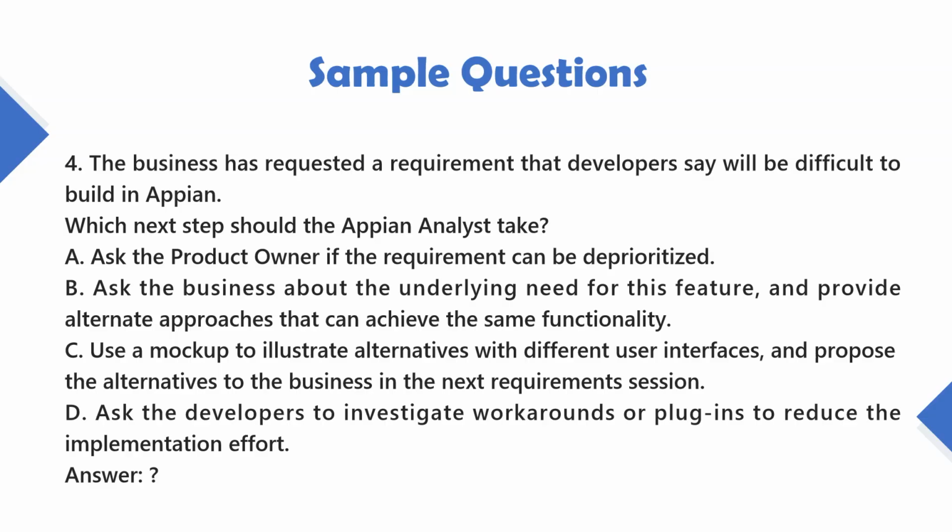B. Ask the business about the underlying need for this feature, and provide alternate approaches that can achieve the same functionality. C. Use a mock-up to illustrate alternatives with different user interfaces, and propose the alternatives to the business in the next requirements session. D. Ask the developers to investigate workarounds or plugins to reduce the implementation effort.